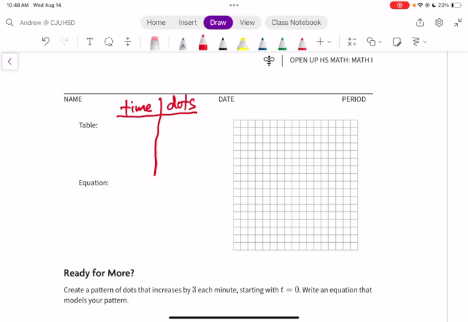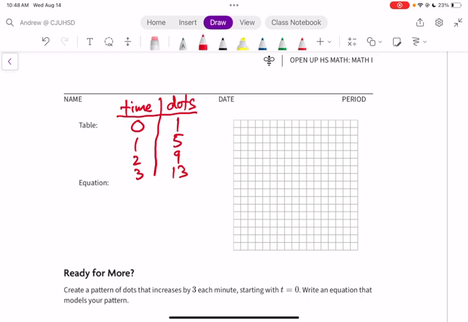So what number do we put at the beginning? Well, really no time has gone by, so that is time 0. There was 1 dot. Then at time 1, there was 5. At time 2, there was 9. At time 3, there was 13, etc.